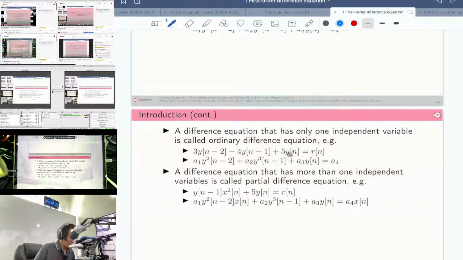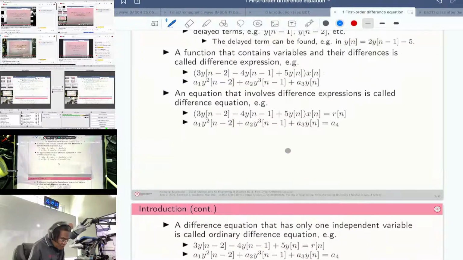Let's move to the next thing. A difference equation that has only one independent variable is called an ordinary difference equation. So you have only one independent variable, which is the n, right? It's known as an ordinary difference equation. For the next one, this one also has one independent variable.